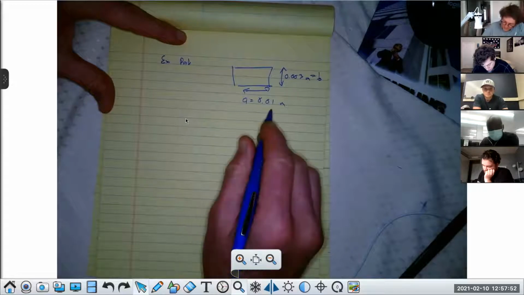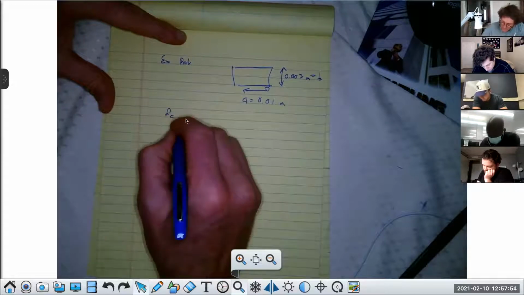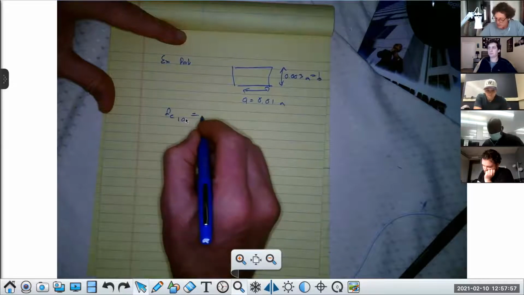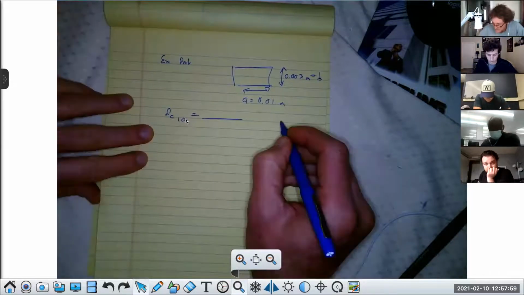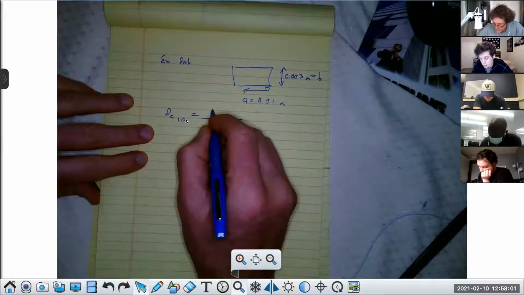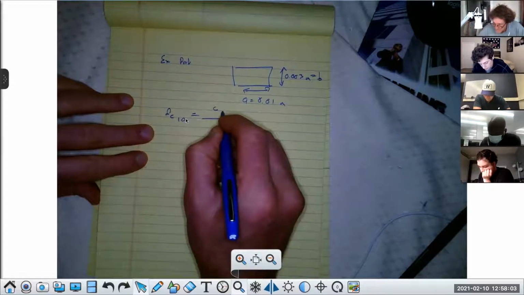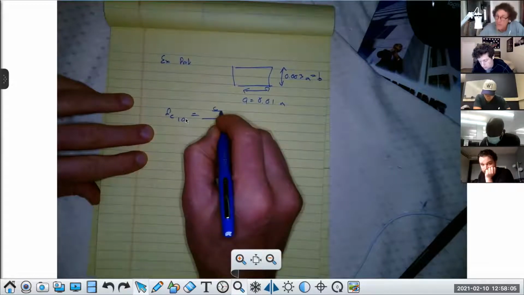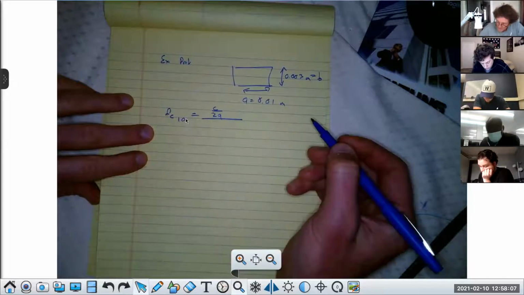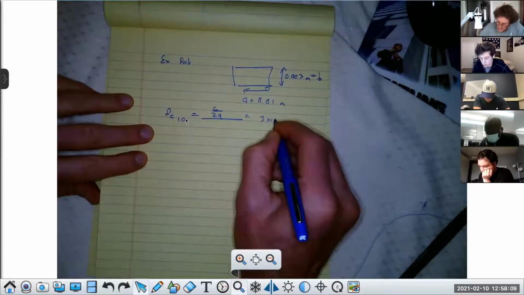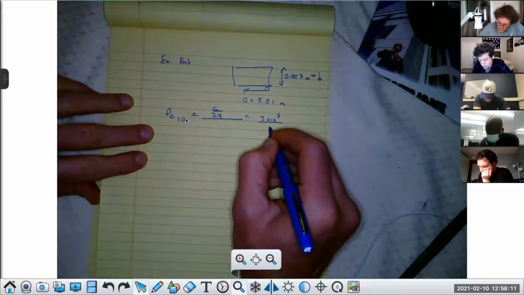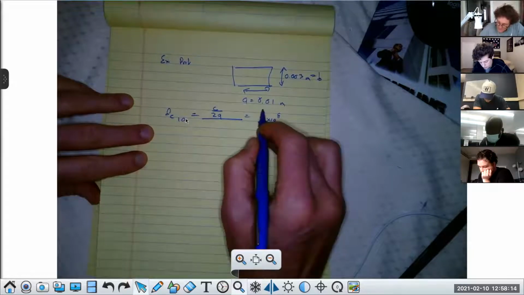First I'm going to find the cutoff frequency for the 1 mode. And by the way, what would that be? That would be C over 2A, correct? So that would be 3 times 10 to the 8th meters per second divided by 2. And A is this dimension right here.